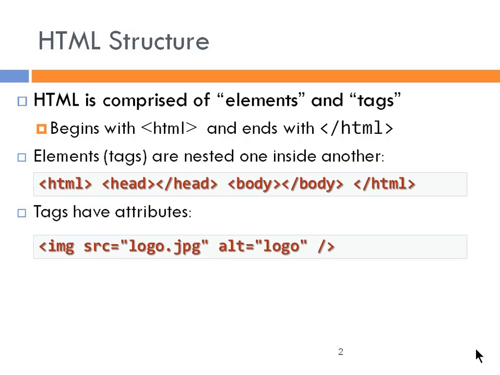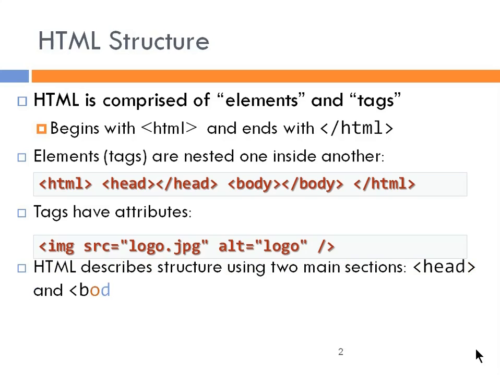Both src and alt are attributes and they are assigned values. First, src is assigned the value logo.jpg, and alt is assigned the value logo. So the logo in alt is nothing but a name given to the image.